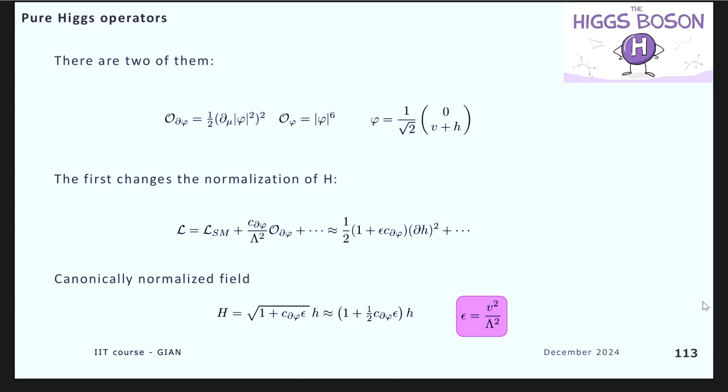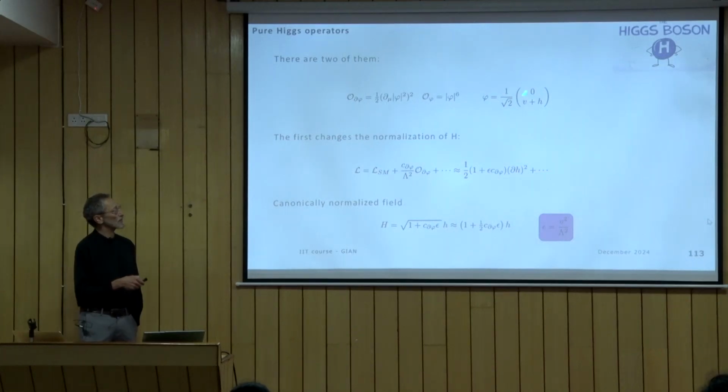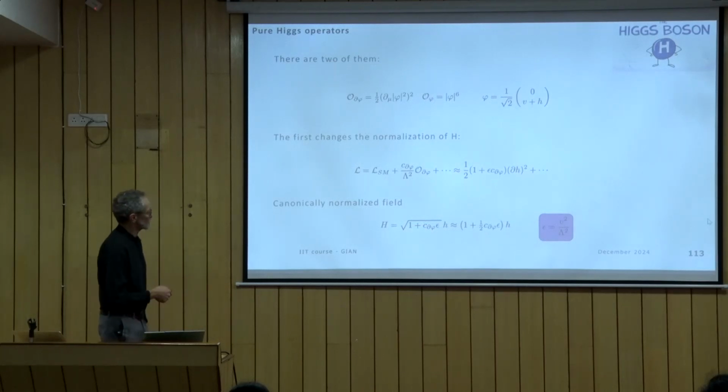Now, when you write down the Higgs, the scalar doublet in terms of the Higgs and the vacuum expectation value in the unitary gauge, you replace phi basically by this expression.